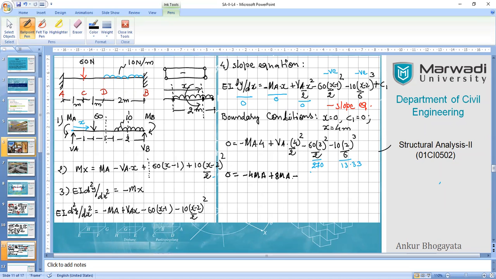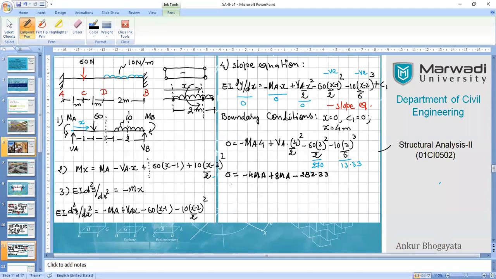Minus, these two terms are negative, so they will get added. 270 plus 13.33 gives you 283.33.